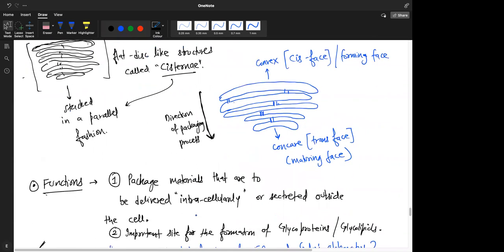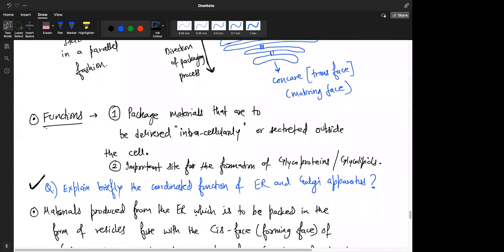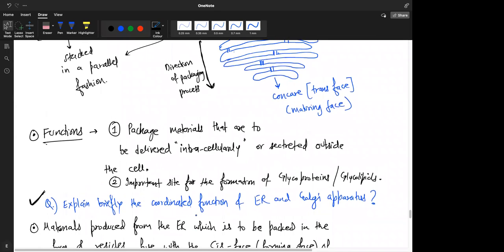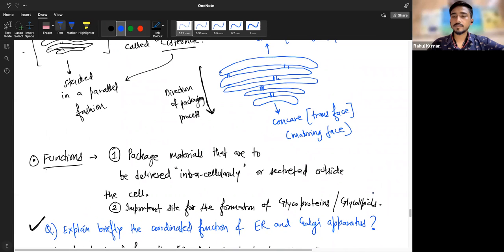Now, functions of Golgi bodies: it packs things and materials that are to be delivered intracellularly and intercellularly. The word intra means within the cell, and the word inter means between the cells. Aisha, you must have heard intra-school competitions and inter-school competitions, right?